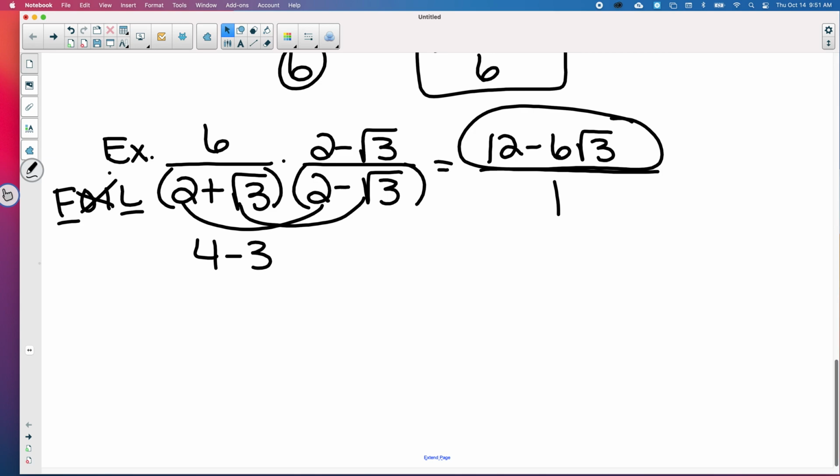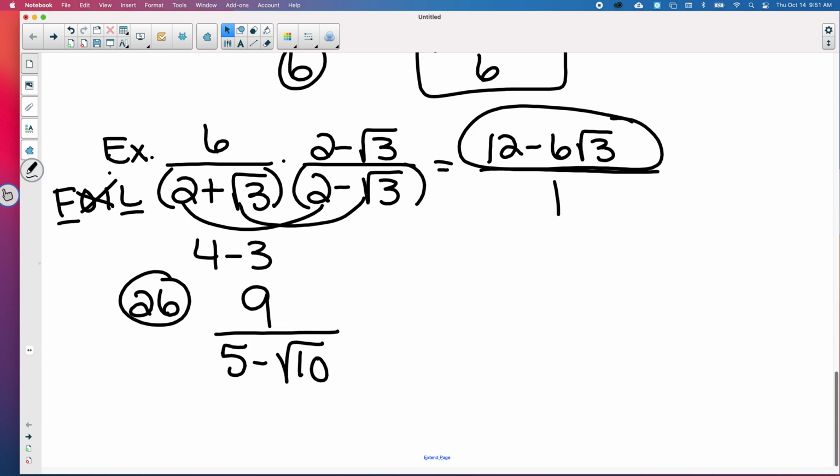Okay, let's have you do one off the worksheet. Alright, so 26, you guys try this one on your own. It's 9 divided by 5 minus radical 10.